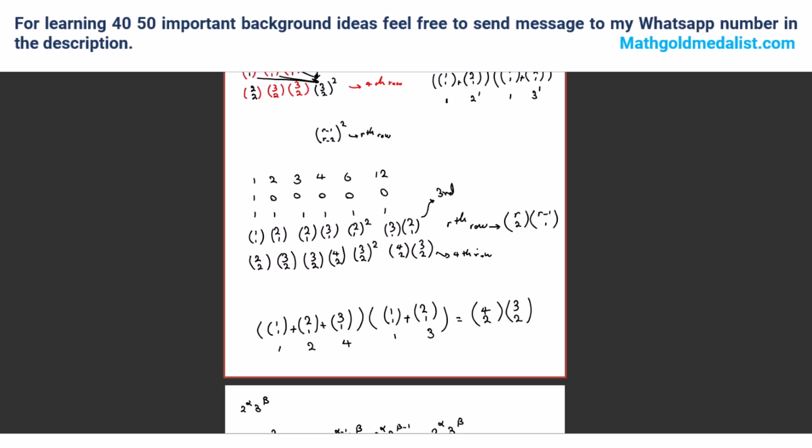So you can say for the rth row r choose 2, and this one 3 choose 2, r minus 1 choose 1, exactly.